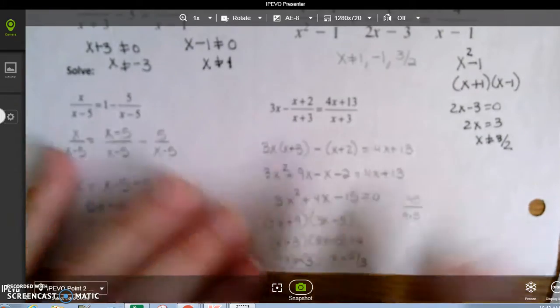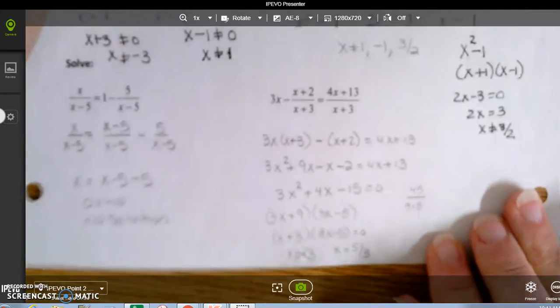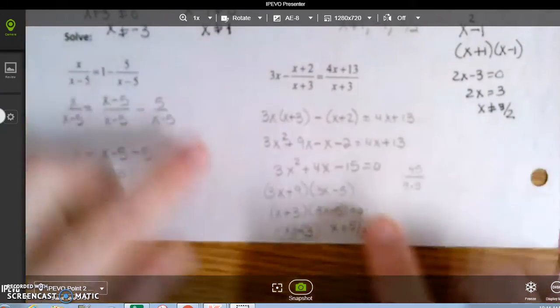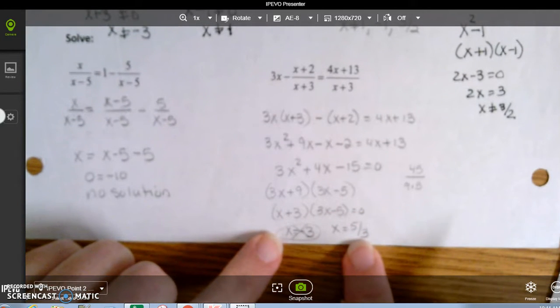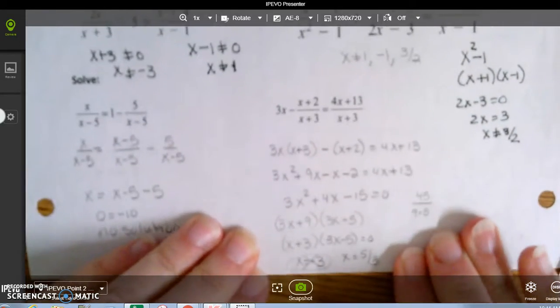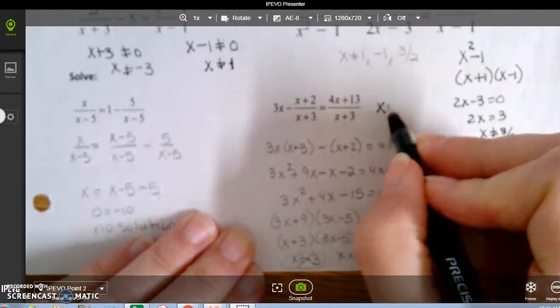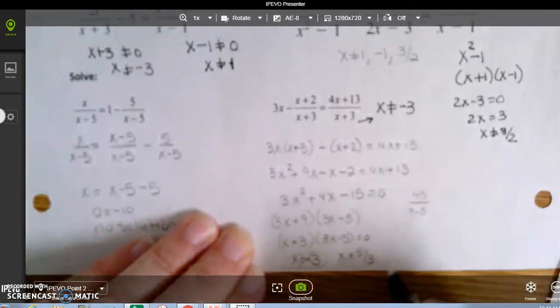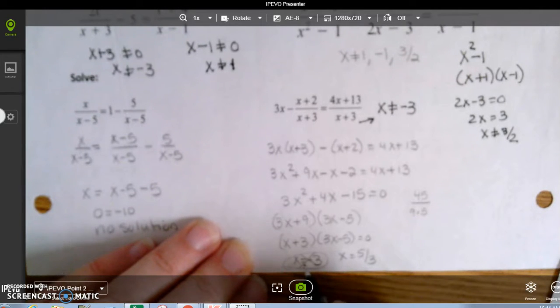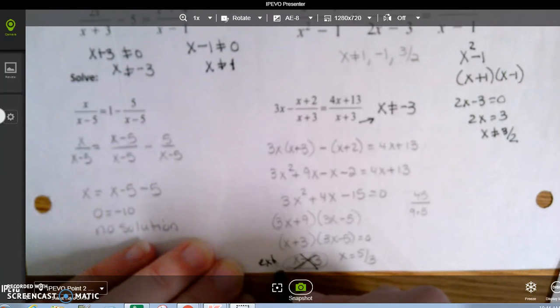And this will factor, and then I can set both of my factors equal to 0. And I end up with negative 3 and 5/3. Well, if we look back at the beginning, my restriction on my domain is that x cannot equal negative 3 because of the denominator. So down here where I got negative 3 as a solution, I have to throw that out, and it's extraneous.